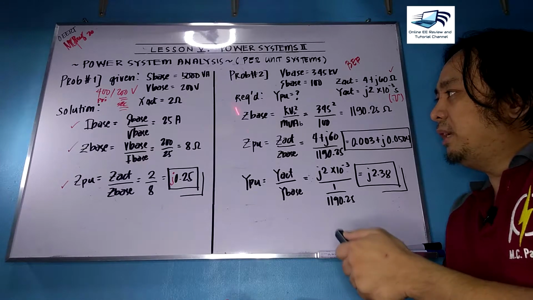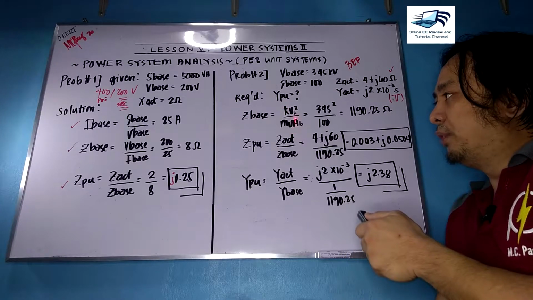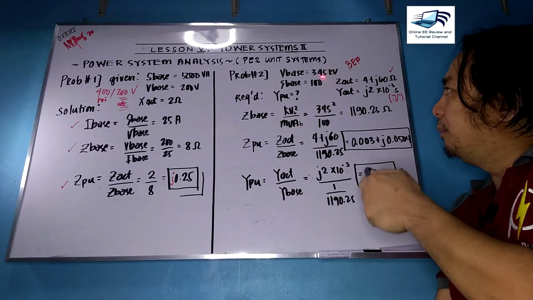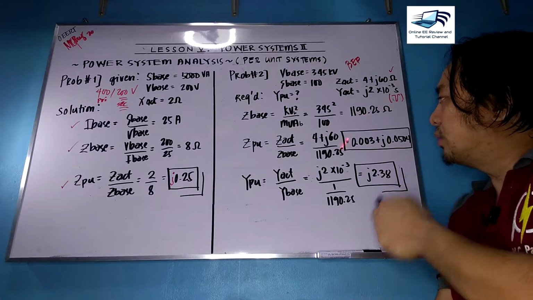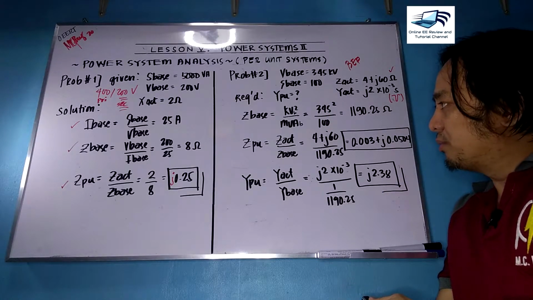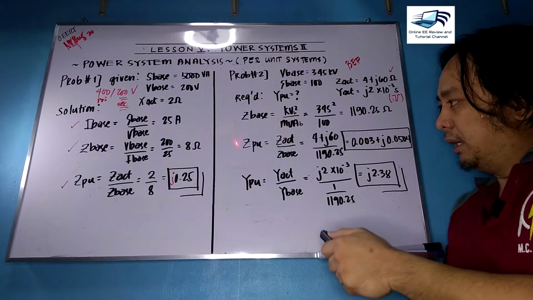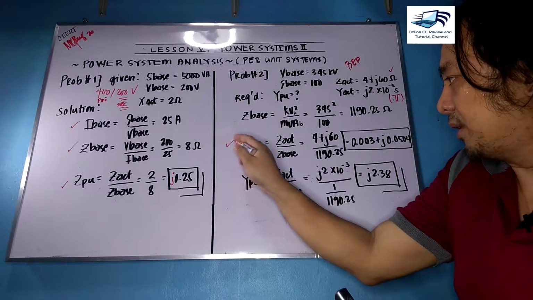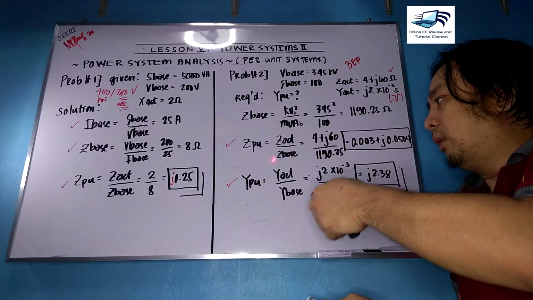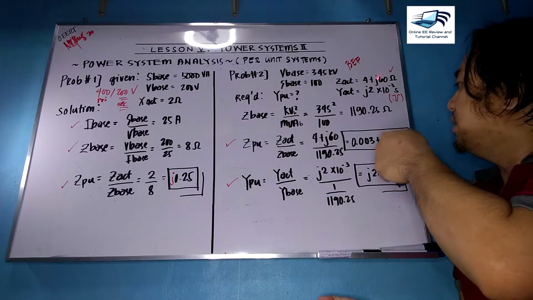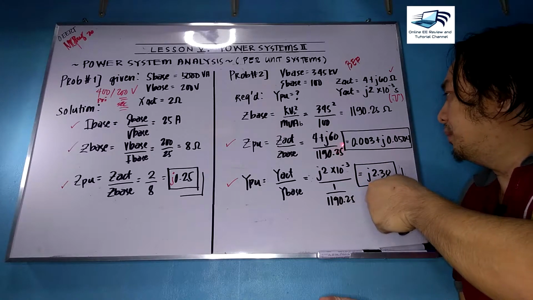So we already described some of the formulas here. If you want to get Z base, you have kV base squared over MVA. By having 345 squared divided by 100, we have 1190.25 ohms. Just direct substitution: Z per unit is actual over the base. Actual is 4 plus j60 and then 1190.25.